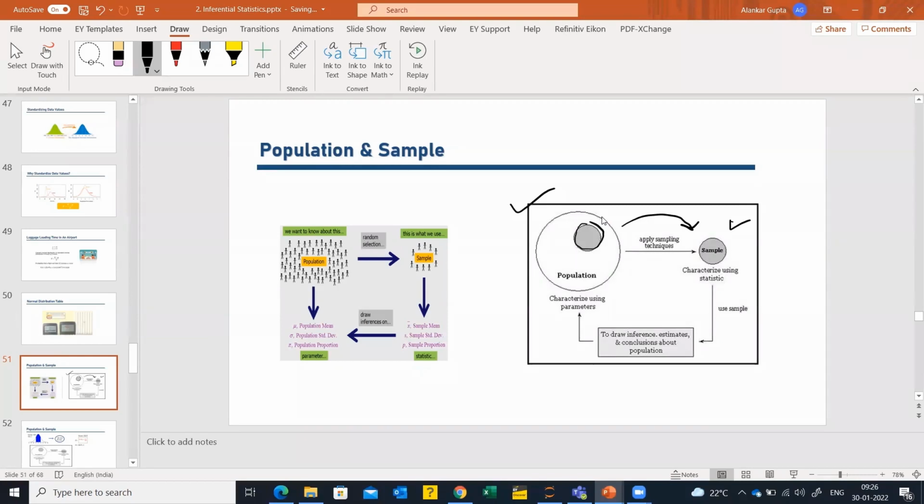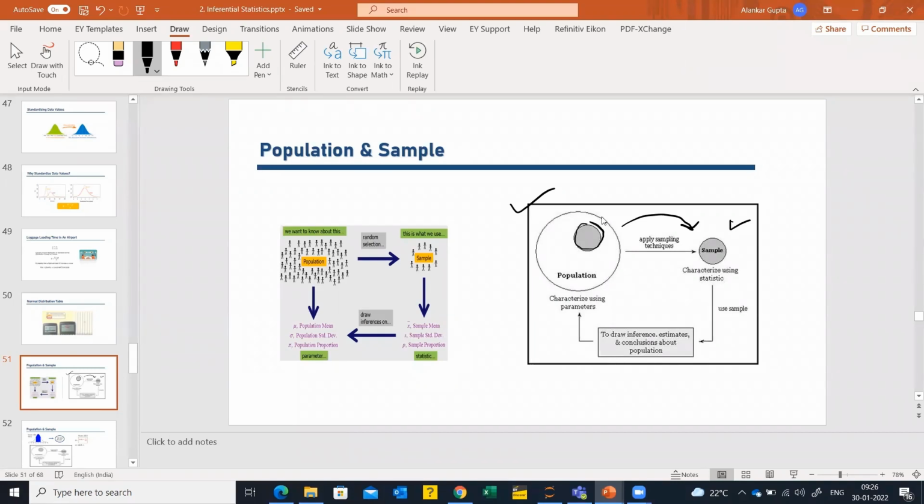If you look at the diagram here, we have a population, which is the bigger circle, and obviously we have taken out the sample from it. So why do we do this? Because many a time we cannot study the entire population, right? You cannot look at the height of all the people in the country or in your state or even your district, right?